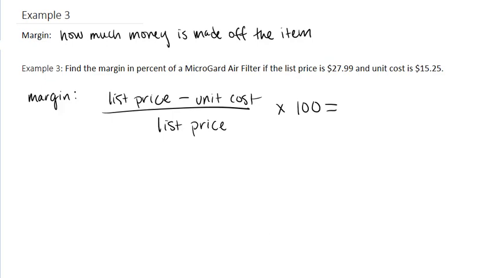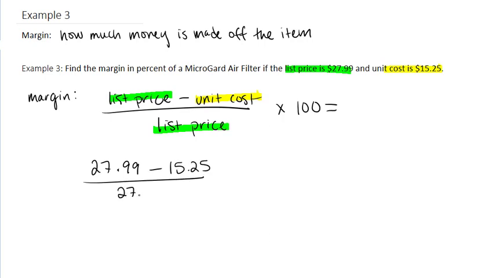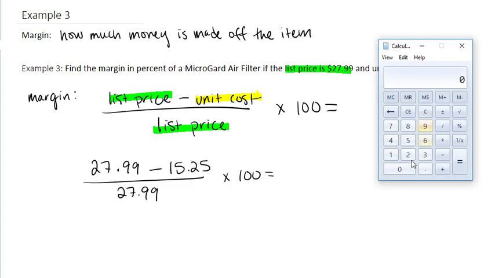So for this, we can see we have the list price here, and then we have our unit cost. So let's fill in our numbers here. And now we'll get our calculators out.